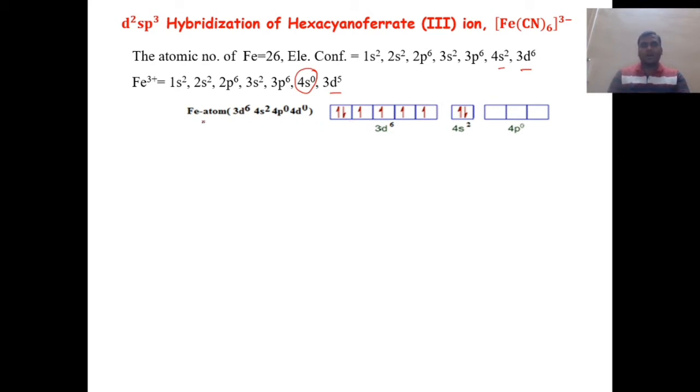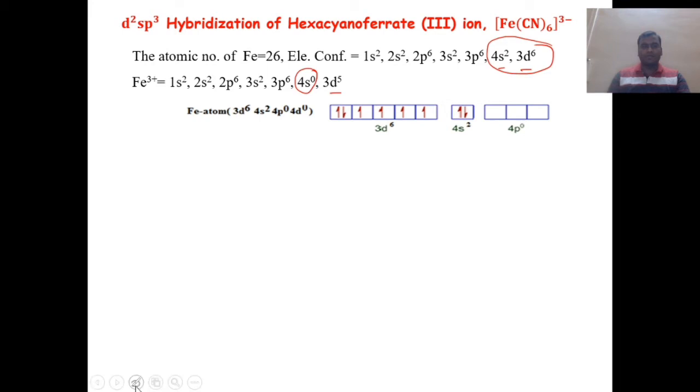That is, the iron atom at ground state, its electronic configuration is, see here, 3d6, 4s2.